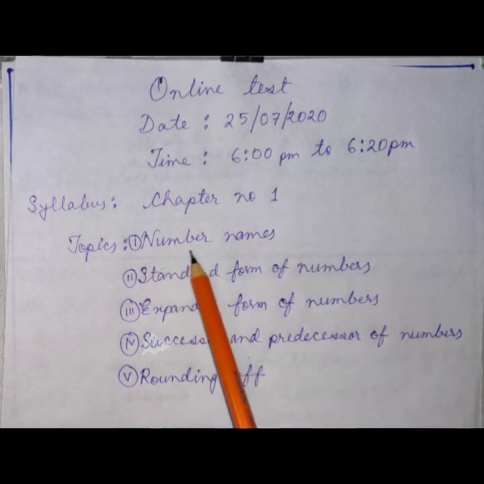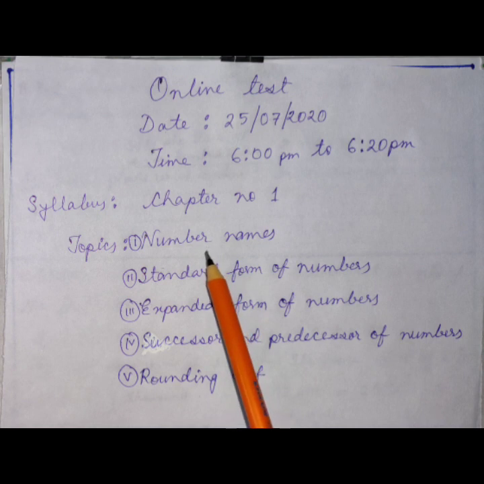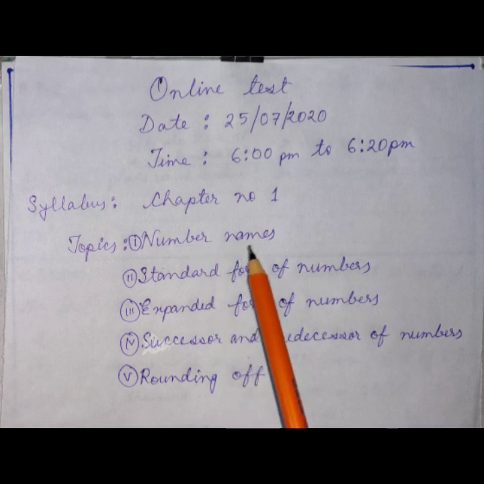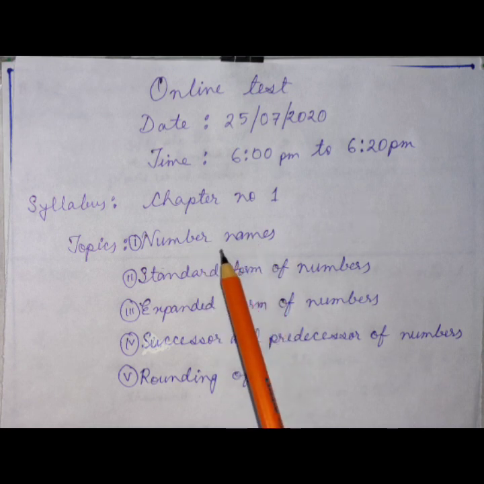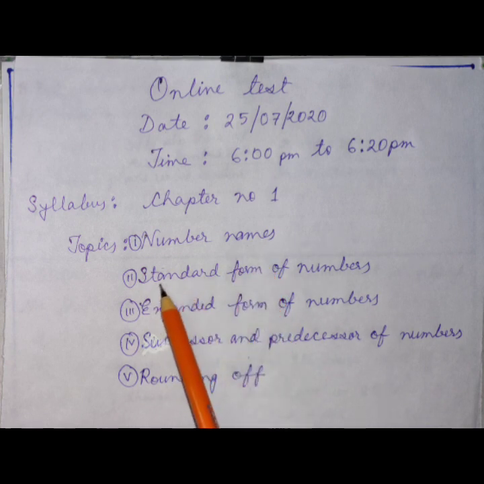First one, number names. You may be given the number names or you may be given the numbers also. Second, standard form of numbers. Third, expanded form of numbers. Fourth, successor and predecessor of numbers. And the last one, rounding off. The test will be MCQ type, that is multiple choice question type.